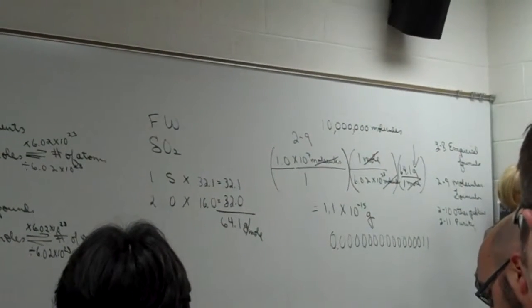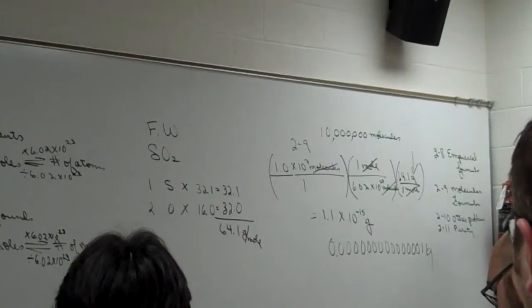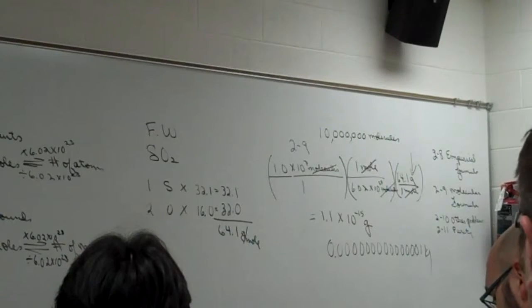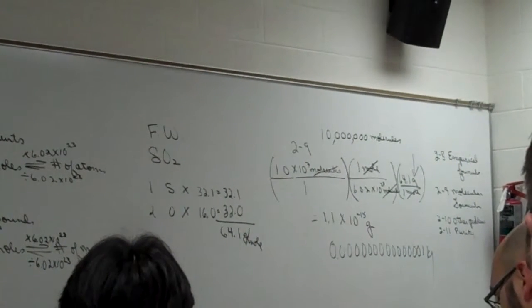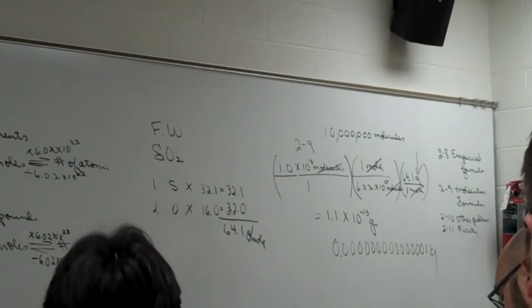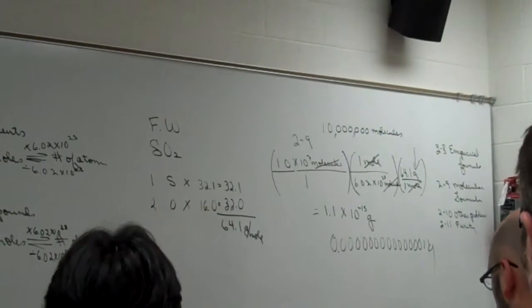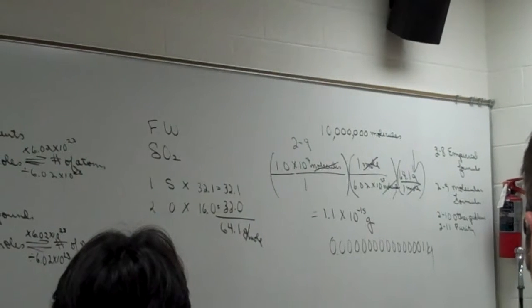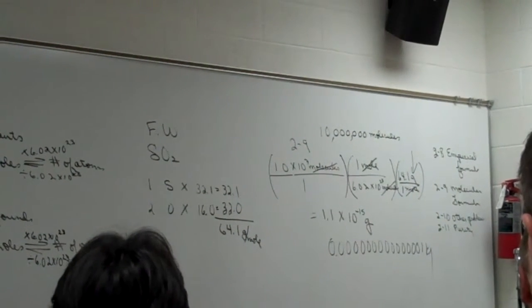We don't have a balance to cope with that. In other words, that should give you some idea. The molecules are really tiny, aren't they? That if 10 million of them only weigh that. So if you got enough to work with, you got a load of molecules there.